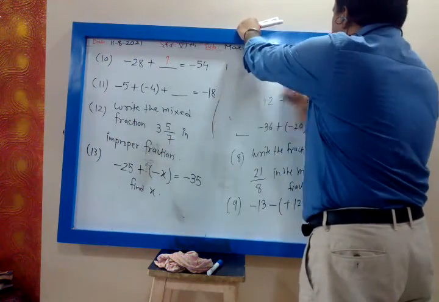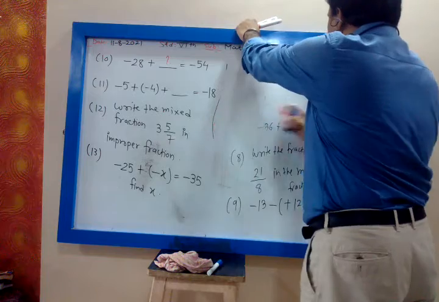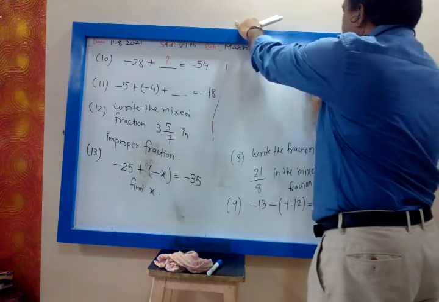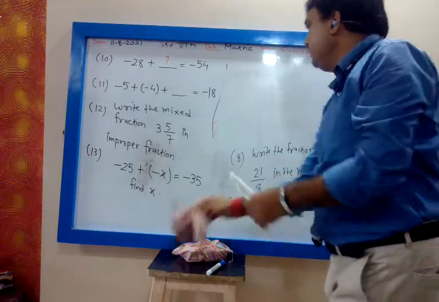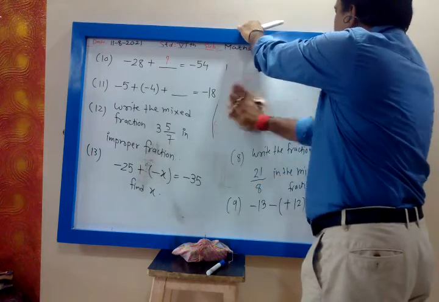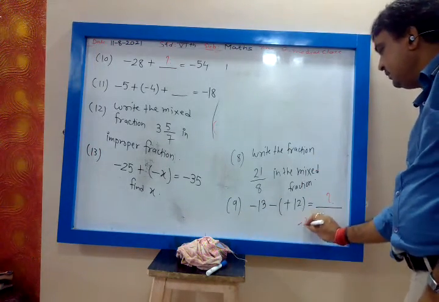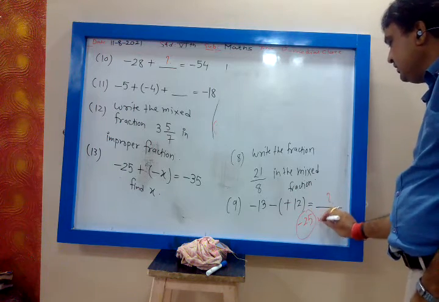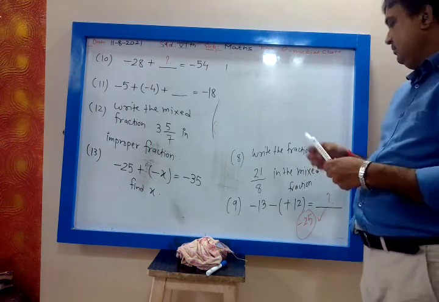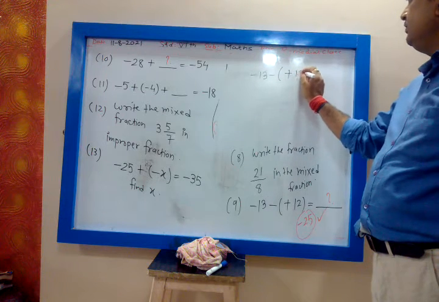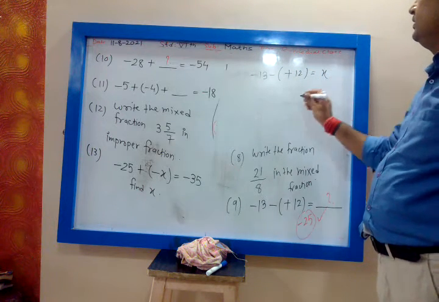Let us take the answer. Minus 25 is absolutely the correct answer. But let us see how that answer comes. Minus 13 minus plus 12 is equal to dash. Dash means x.